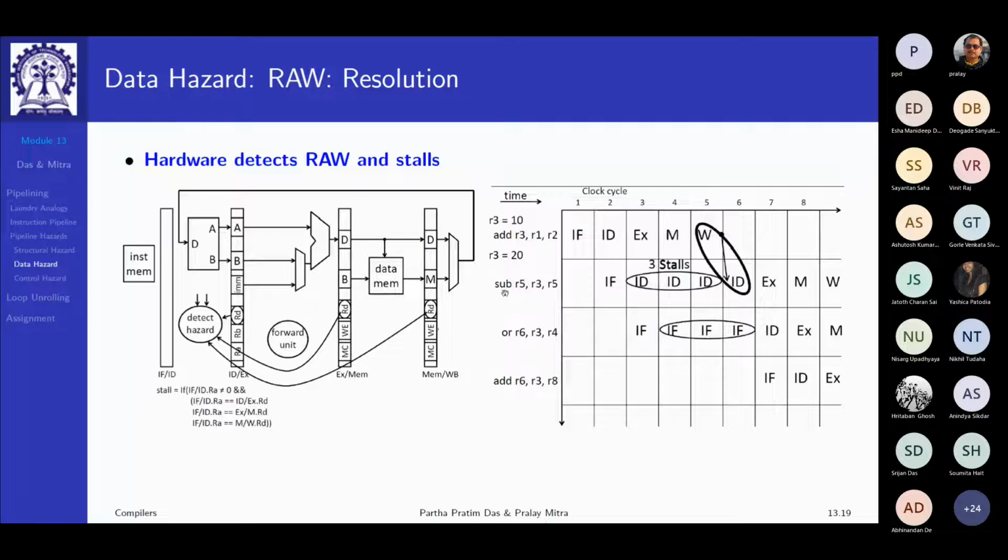So the sub instruction, which is using R3 as an input, has to be pushed from cycle 3 to cycle 6 by introducing 3 stalls or knobs. Accordingly, subsequent instructions will also get pushed out, as a chain effect.